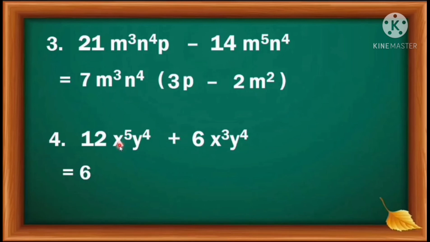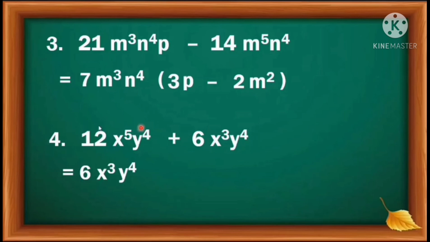Okay, next. How about between x raised to 5 and x cubed? The common factor ay yung may pinakamababang exponent, which is x cubed. And y raised to 4 and y raised to 4, parehas lang sila, so the common factor is y raised to 4.